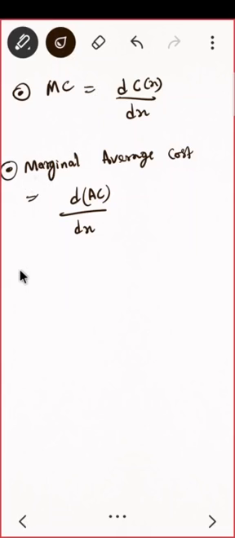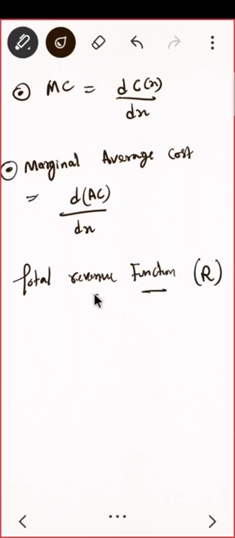Okay, so next is the total revenue function. It is denoted by R. What do you mean by total revenue function?